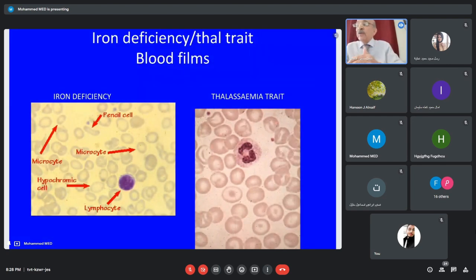While in iron deficiency, the hemoglobin could be normal for, say, a 16-year-old girl, but because she started menstruating, the hemoglobin goes down.